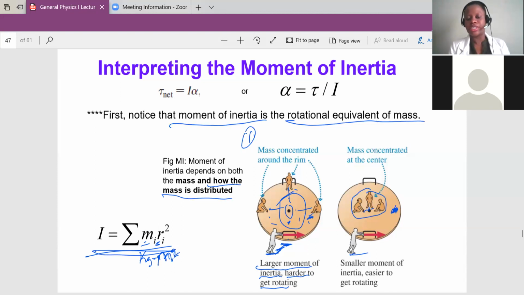It is expressed mathematically as the summation of the product of mass and distance squared. So those are the information you should have. If you're asked to define rotational motion, we have identified about five things. You should at least be able to drop four or three.